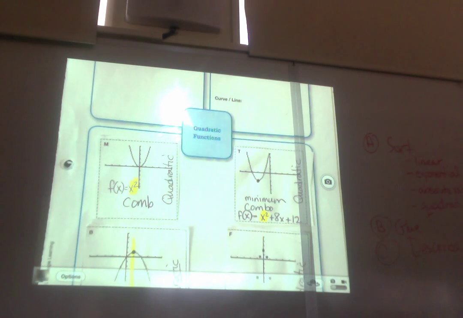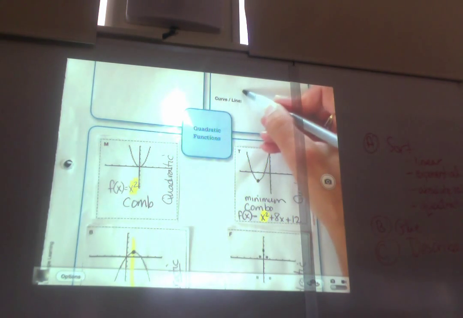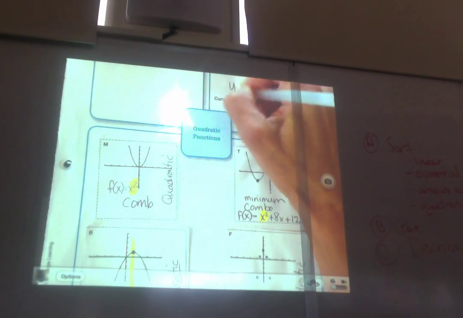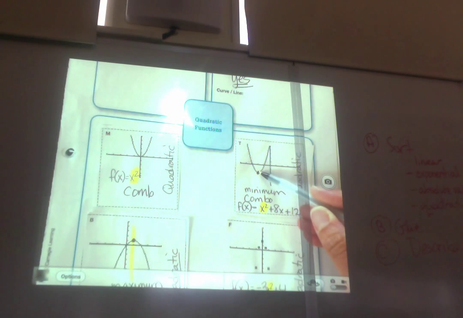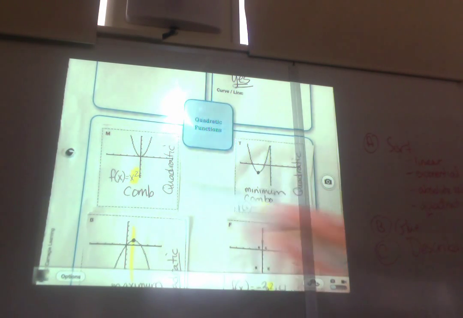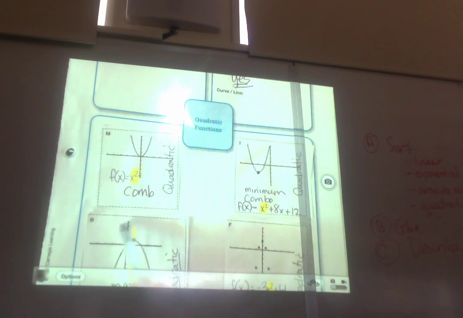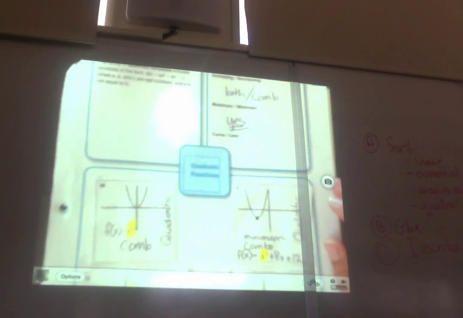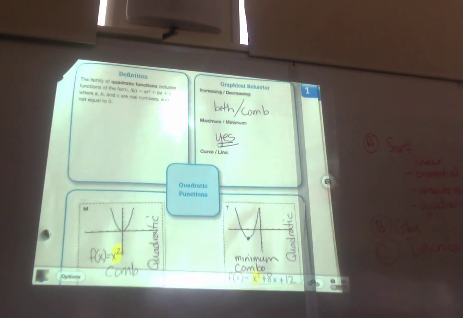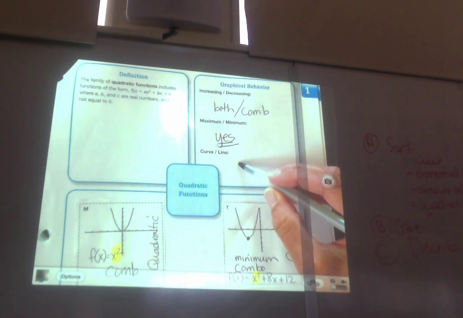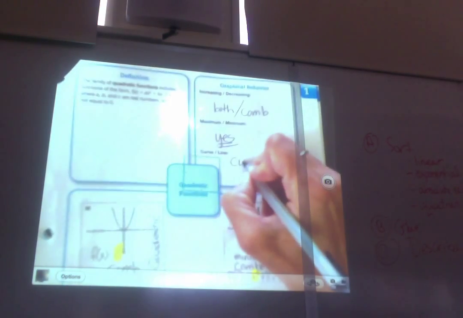Do they have a max and a min? Yes. This is a kind that does have a spot where the graph turns around and there's nothing lower, and in this case, nothing higher. So this kind is where max and min becomes important. Are they curved or a line? Curved.